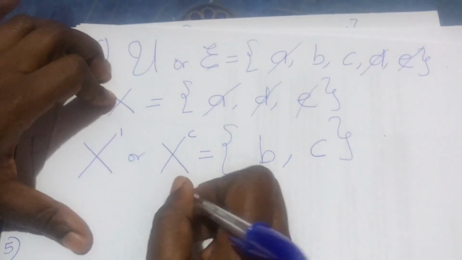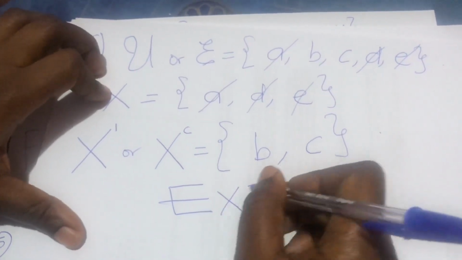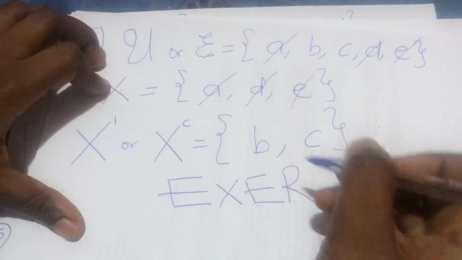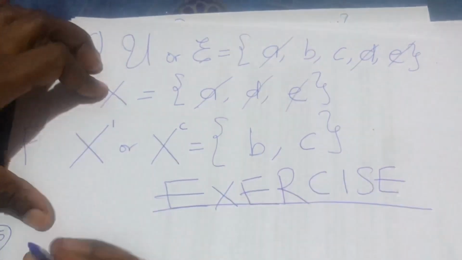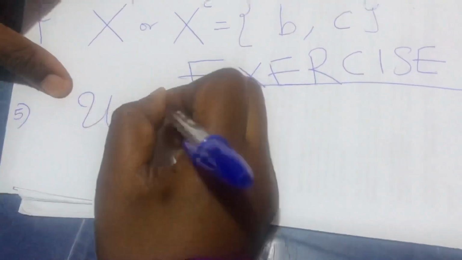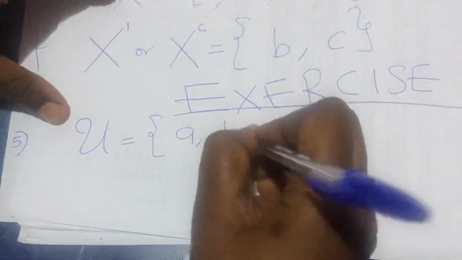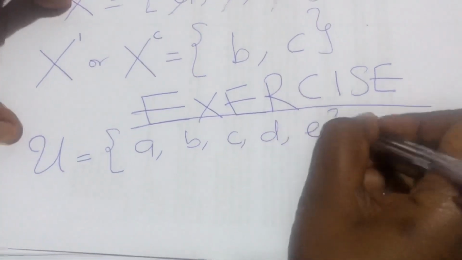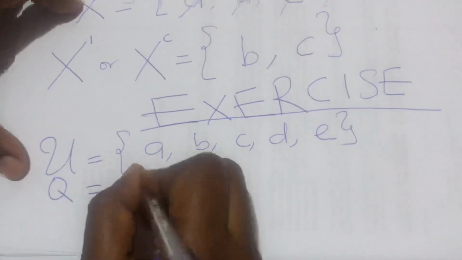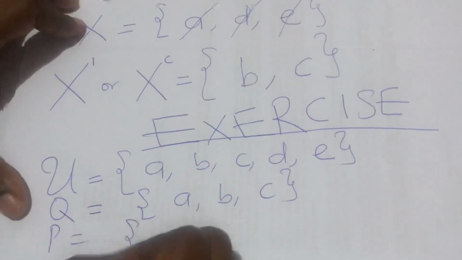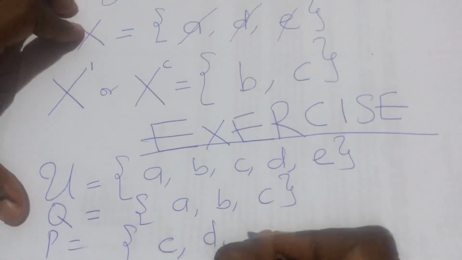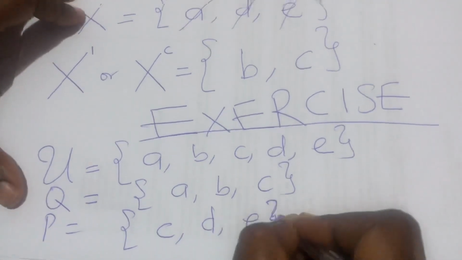So let me quickly give you an exercise that you are going to do and send to me in the comment section. Let's just do one because of our time. If the universal set is equal to A, B, C, D, E, and Q is equal to A, B, C, and P is equal to C, D, E, find: 1.